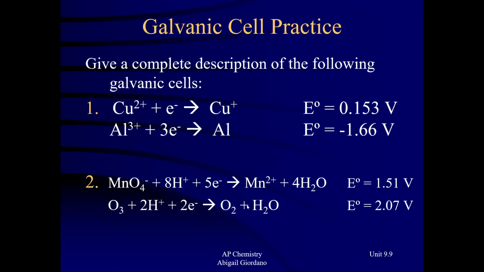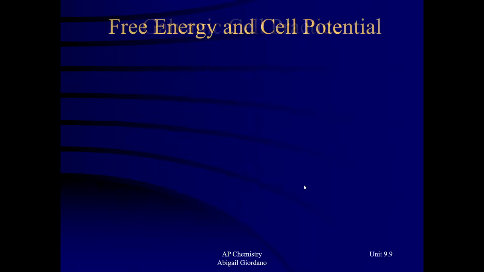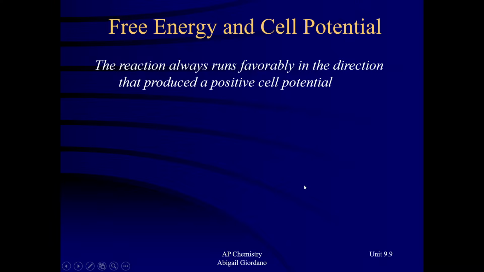All right. So we're going to start now pulling in the concept of Gibbs free energy. Remember what we said, galvanic cells are always going to have positive cell potentials. And a little bit earlier in today's lesson, we said that things that run most favorably have the most positive cell potential.